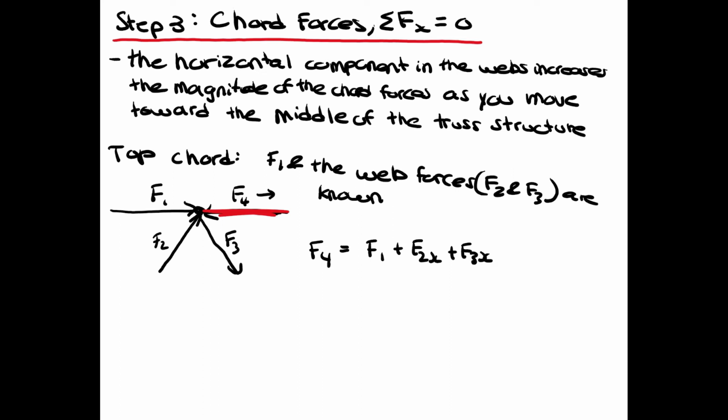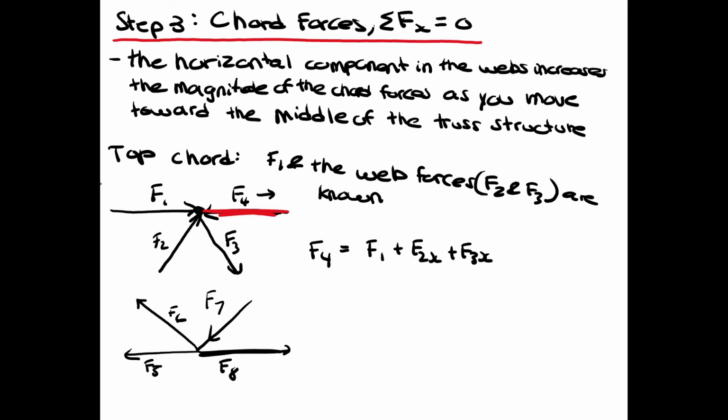And if we assume the same thing for the bottom chord, which looks something like this, say we have F5, we have F6, we have F7, and then we want to find the value of this chord, which is F8.